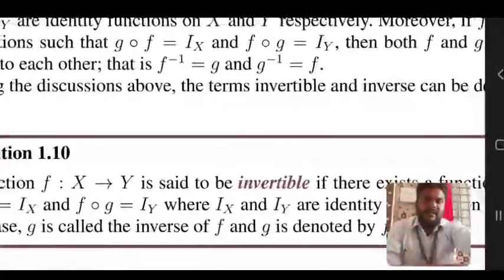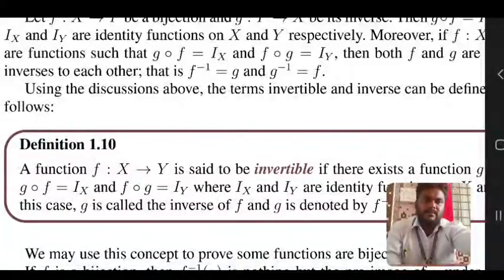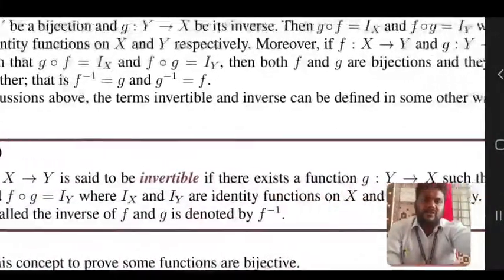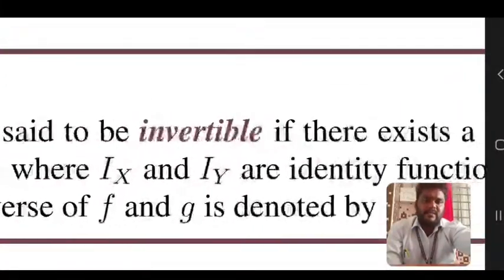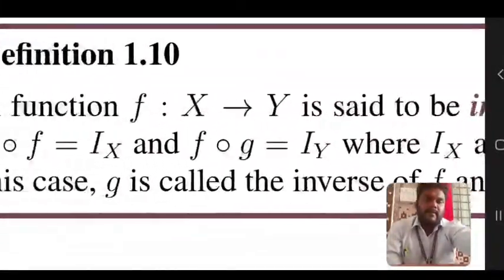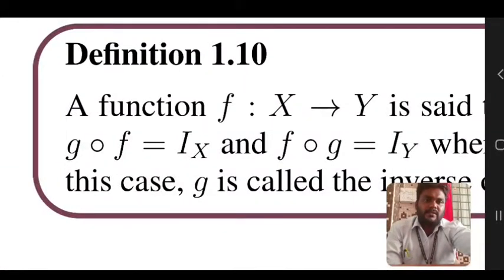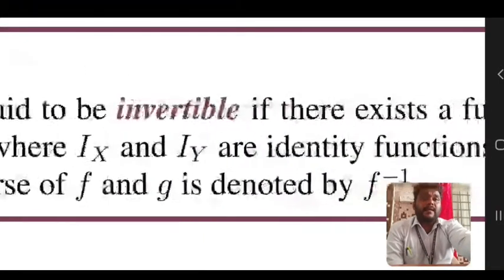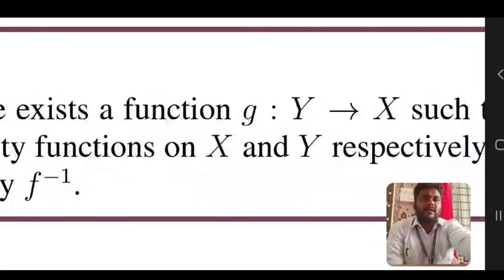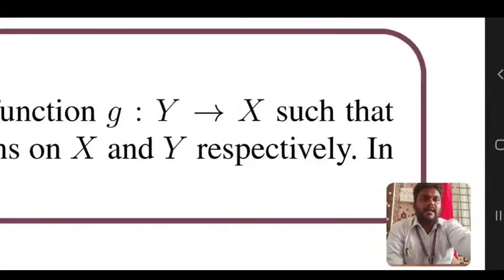the invertible definition: f from X to Y is said to be invertible if there exists a function g from Y to X such that f composite g and g composite f are identity functions. That is, g composite f equals I_X, the identity function of X, and f composite g equals I_Y, the identity function of Y, where I_X and I_Y are identity functions on X and Y respectively.